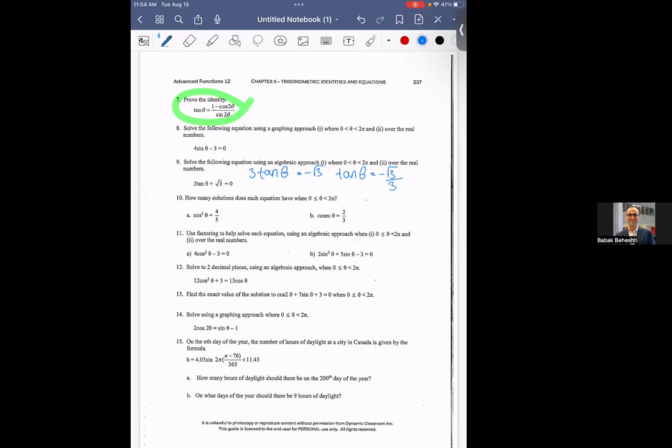Now, for what angle between 0 and 2 pi is tangent minus root 3 over 3? You remember? It's either pi over 3 or pi over 6. But which one?